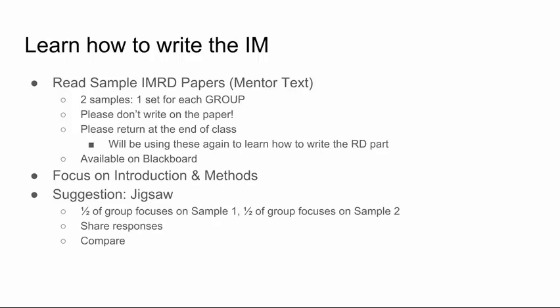So it's one copy of each sample per group. So that means maybe 2 people share, 2 people share. I'm passing out the paper that we're going to be using.